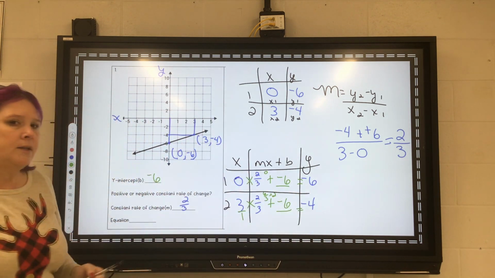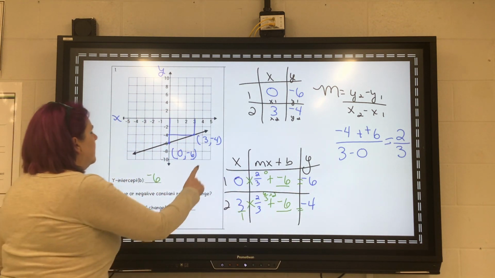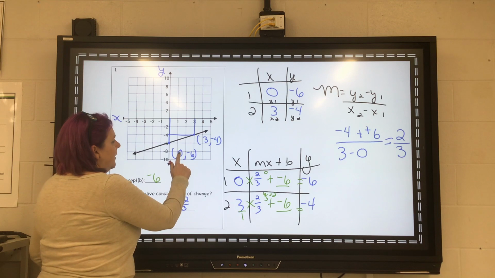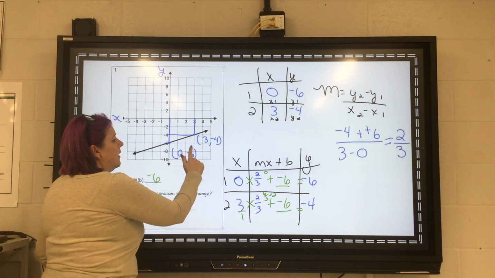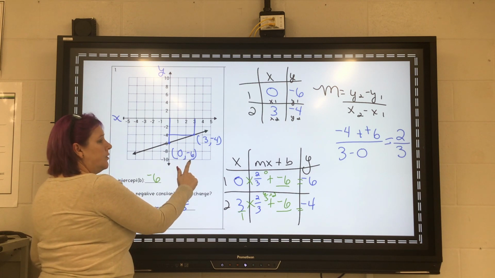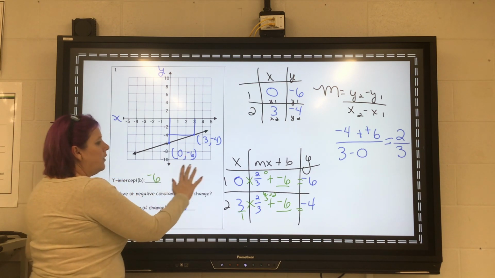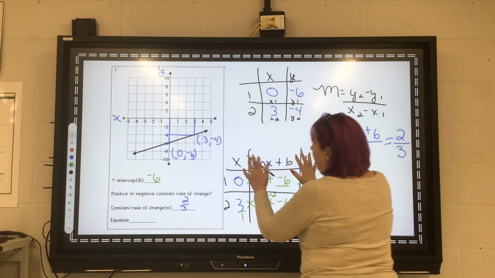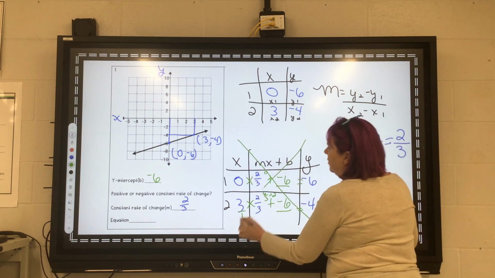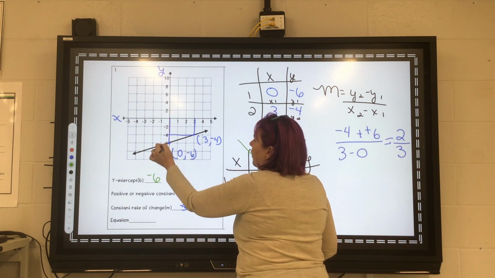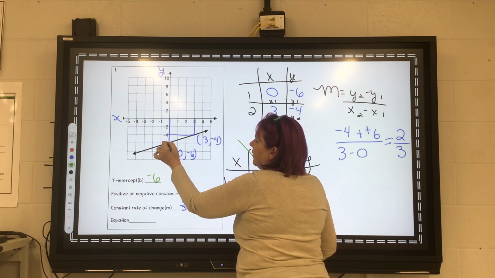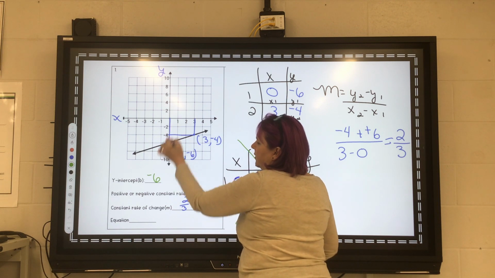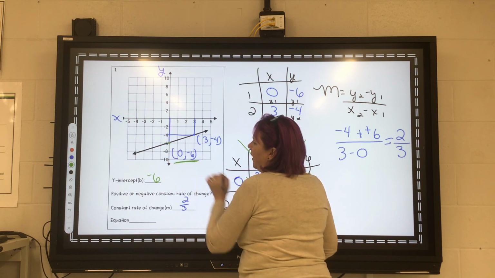Well, if you paid attention during the notes, I pointed out that anything with the 0 as the x has my y-intercept. So we could have saved ourselves a whole lot of time and not had to do this if we know that this point where the line crosses the y-axis is my y-intercept.